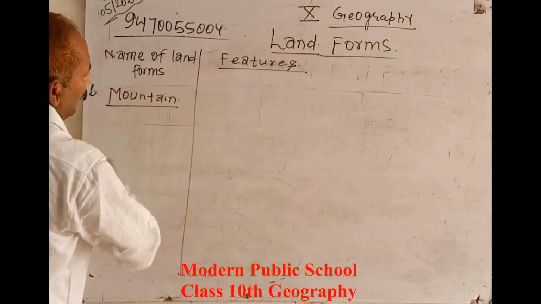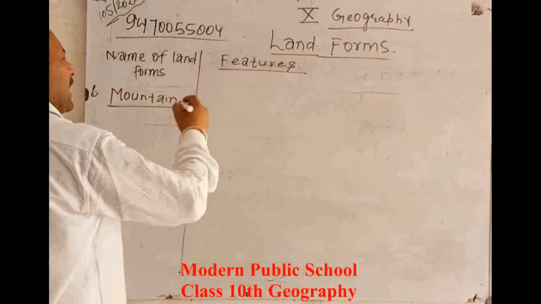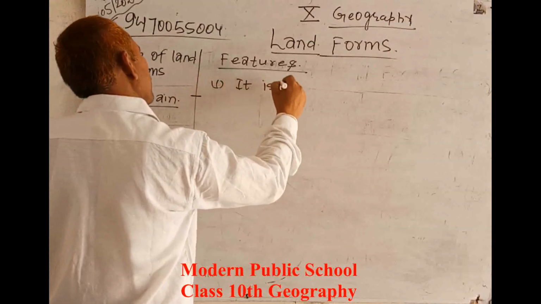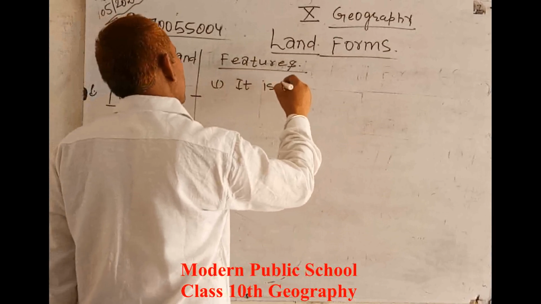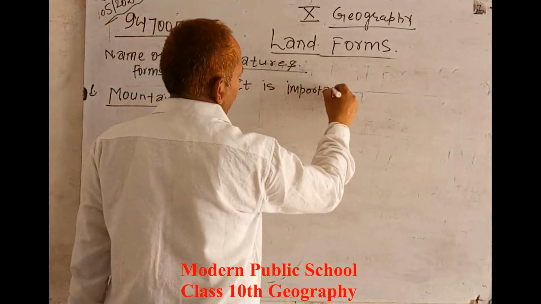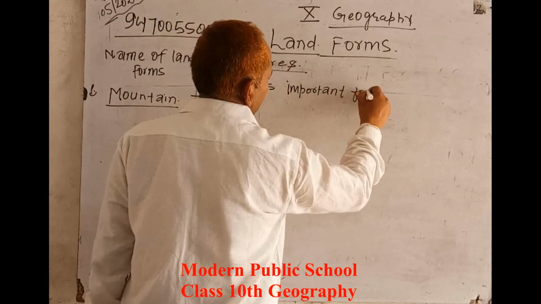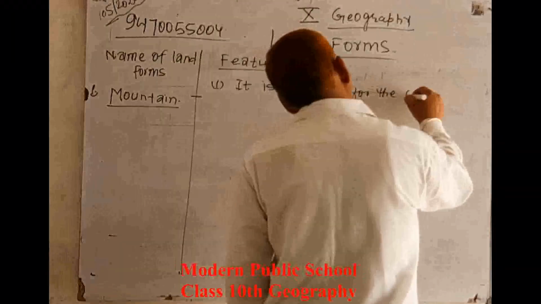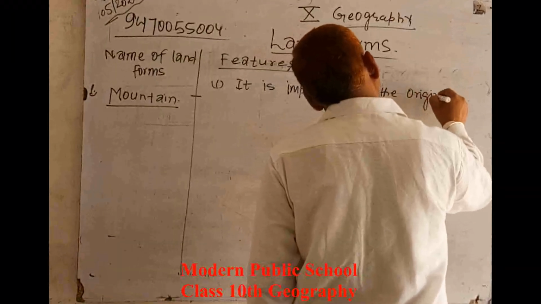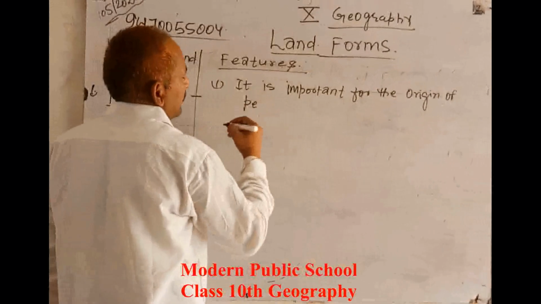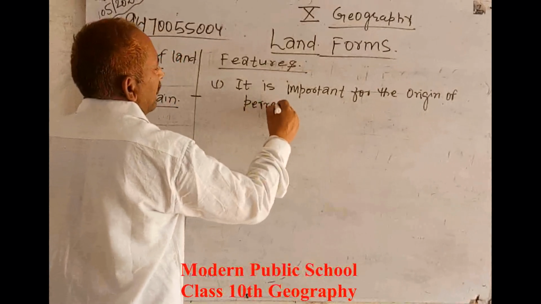माउंटेन को अगर देखेंगे तो सबसे पहला फीचर है, it is important for the origin of perennial rivers.